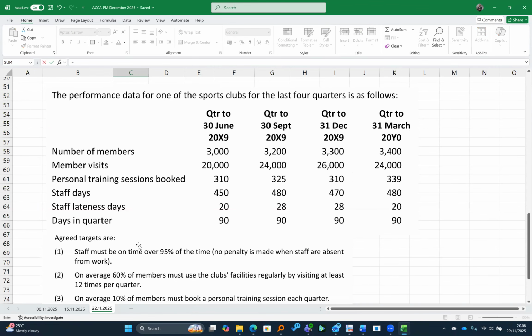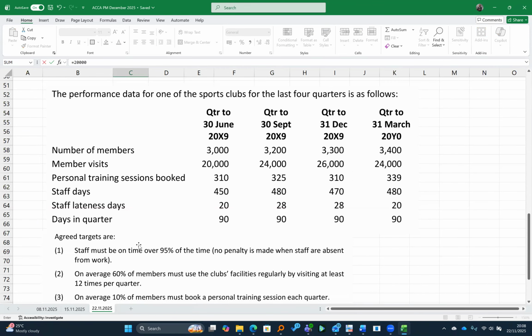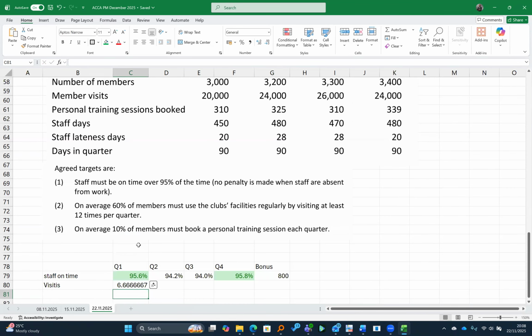For example, here, 20,000 divided by 3,000, that gives us 6.67 visits per person. Or what you can do is that you say, okay, of these members, the 3,000 members, these are two ways of calculating it.